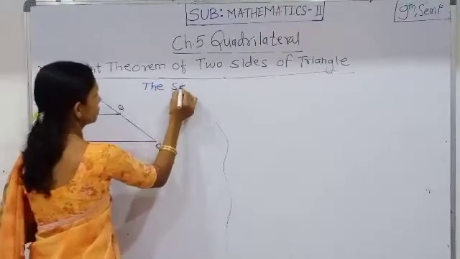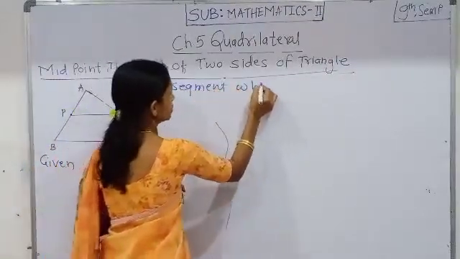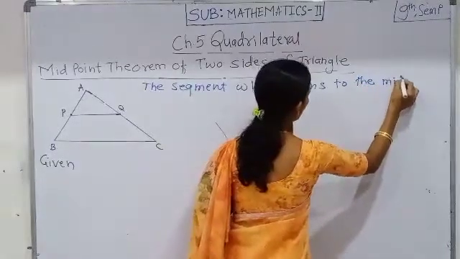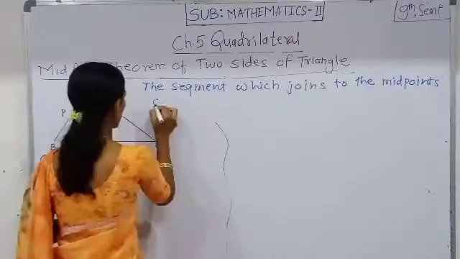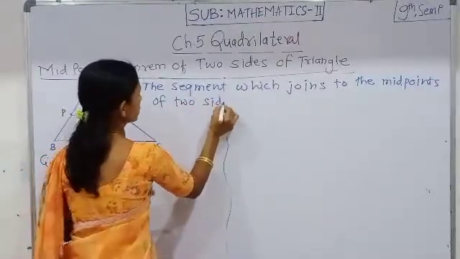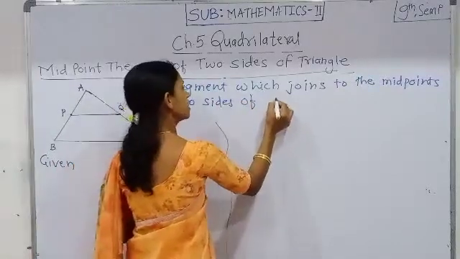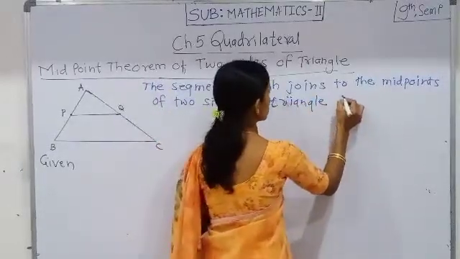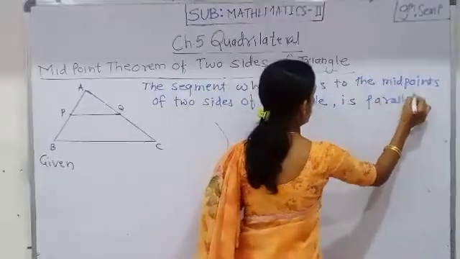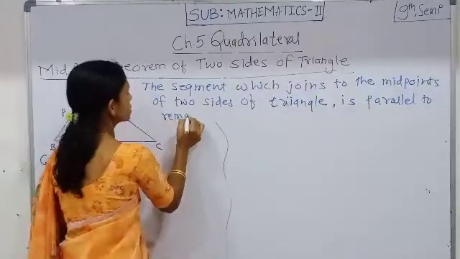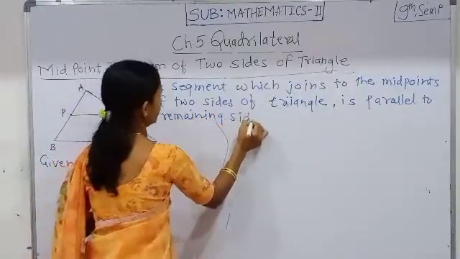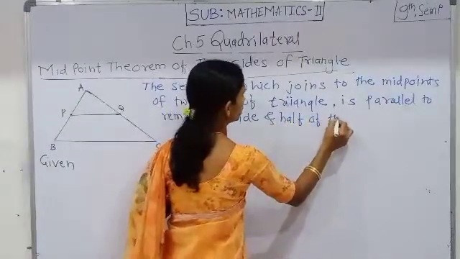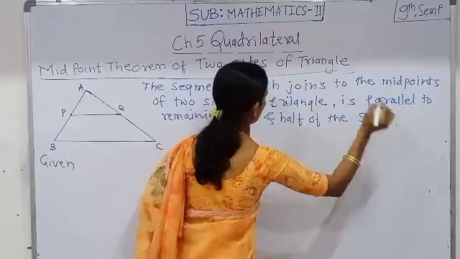The segment which joins the midpoints of two sides of a triangle is parallel to the remaining side, and also half of that remaining side.